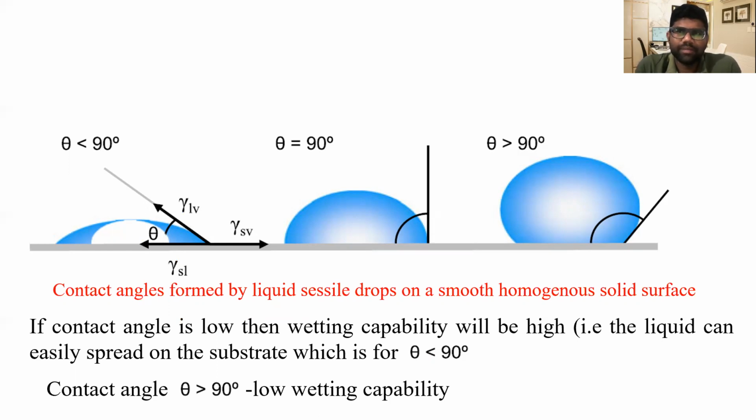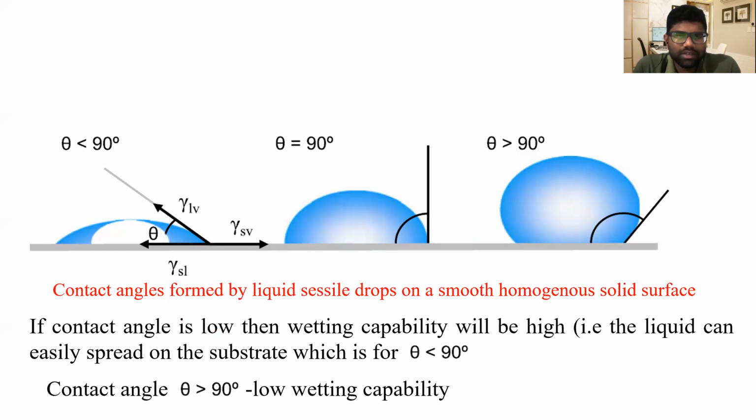If you cut a sphere into two parts and place it on the surface, that is the shape of the liquid droplet for theta equal to 90, and for theta greater than 90, it is more than that.